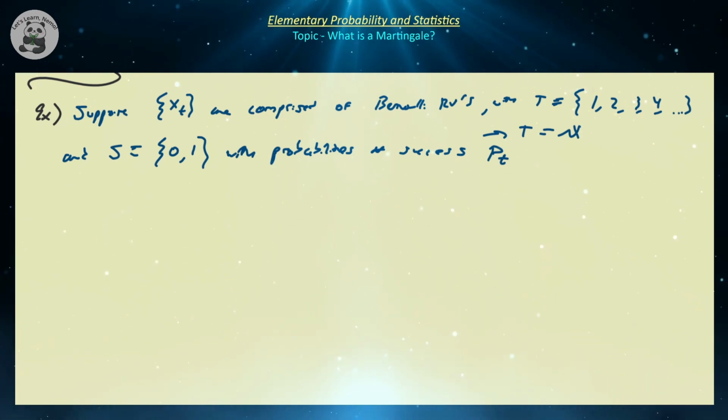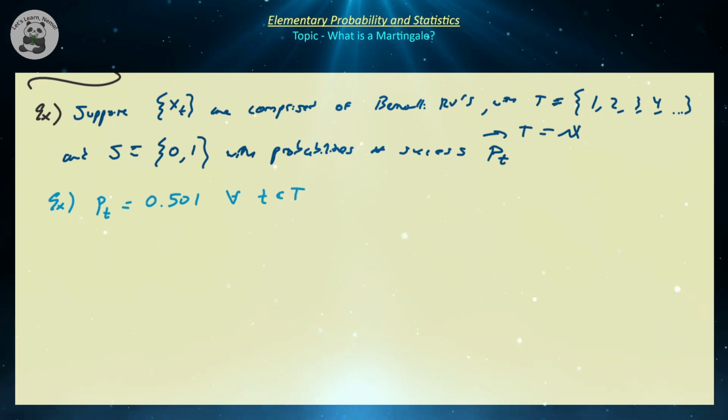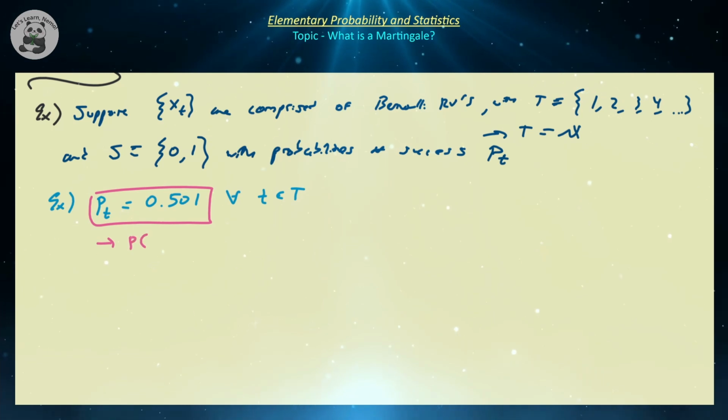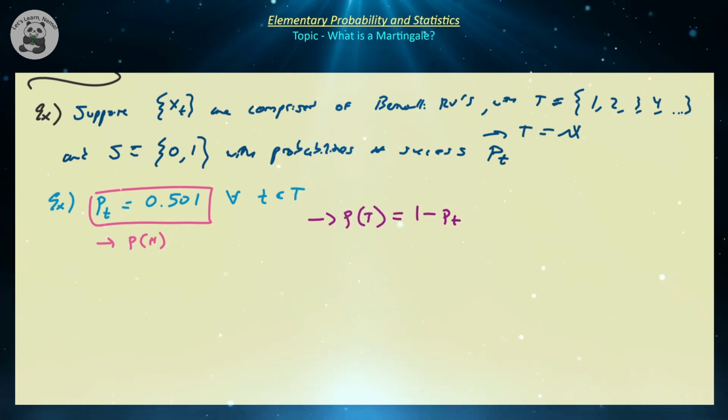So for example, let's assume that p_t is equal to 0.501 for all t in T, and that this probability corresponds to the probability of getting heads. Then the probability of getting tails would be 1 minus p_t, which is equal to 0.499, and that's again true for all t in the set T.